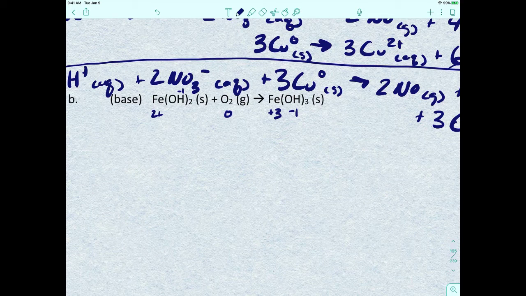So one half reaction is going to be this: you've got iron that's going from 2 plus and becoming 3 plus, Fe3 plus. So that's one half reaction. The other half reaction is you've got oxygen gas being incorporated into this Fe(OH)3.